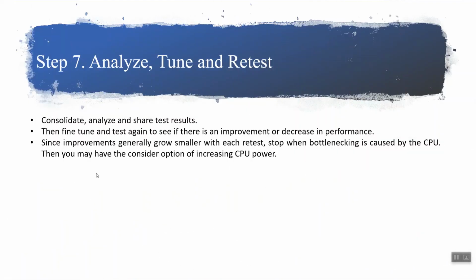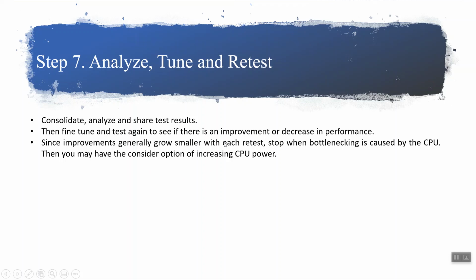So after running the test, we analyze, tune and retest. It means we analyze the result, consolidate, analyze, and share the test results. And based on the test result, we then do the fine tuning and test again to see if there is an improvement or decrease in performance. We do the testing again.